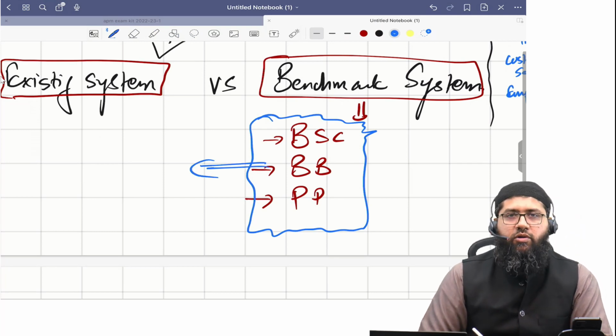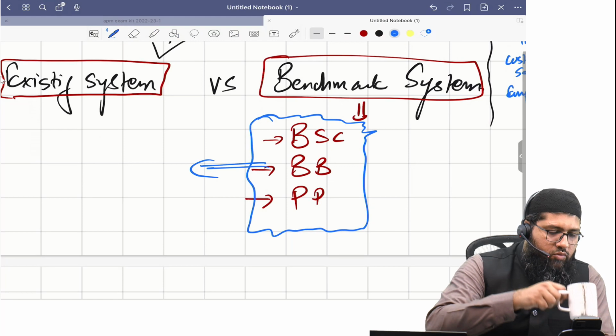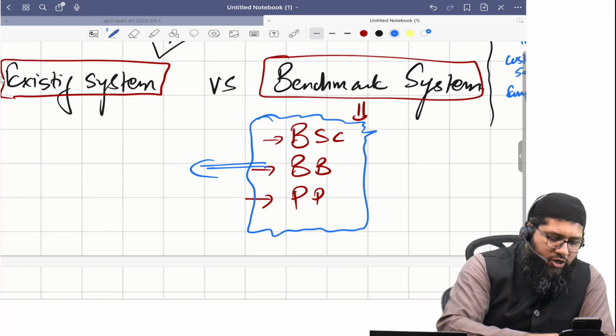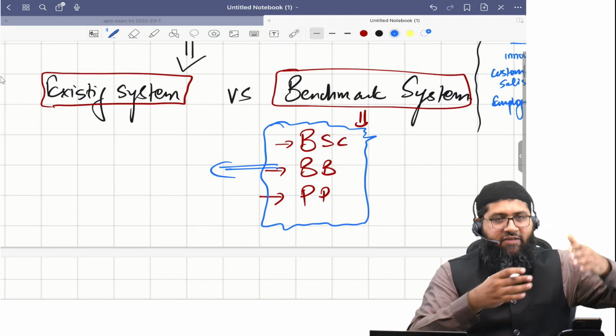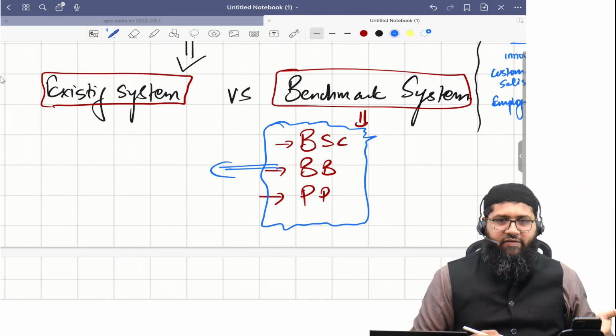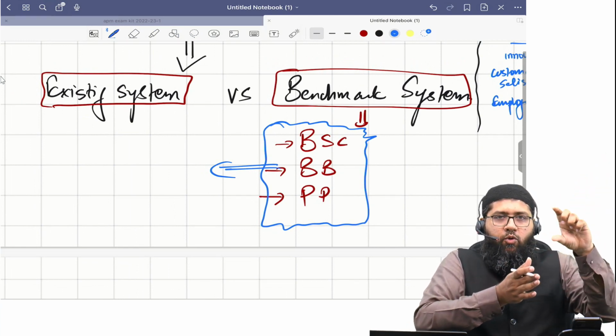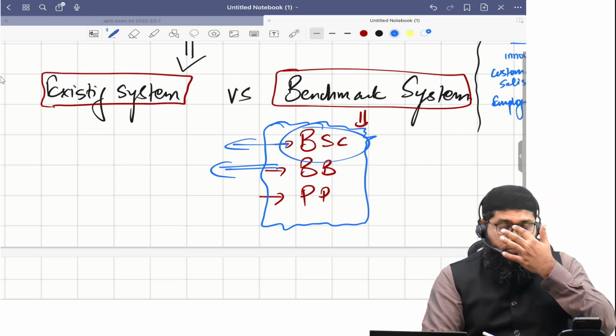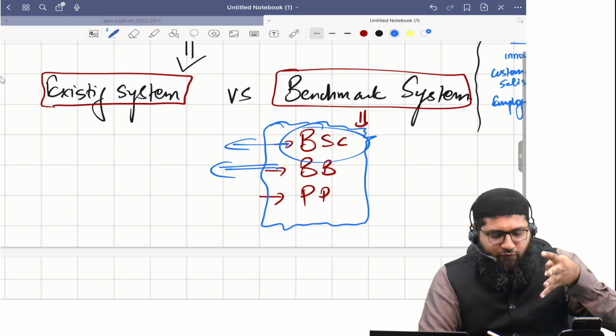make sure that you put up the existing system and compare it against the attributes of the benchmark. Like if the balanced scorecard was the benchmark, you know that the balanced scorecard measures four things.